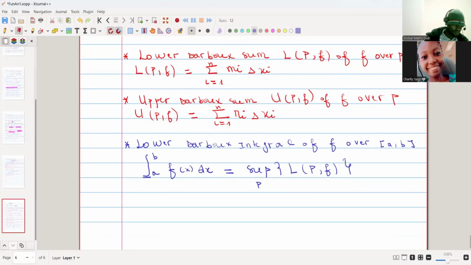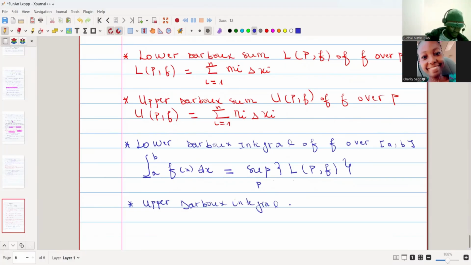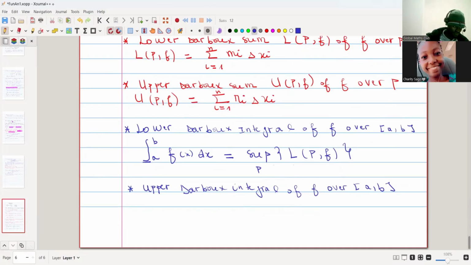And the upper double integral of f over [a, b] is defined as follows.